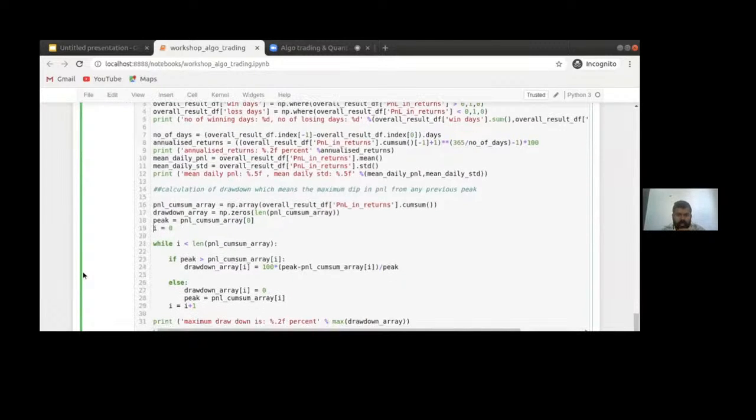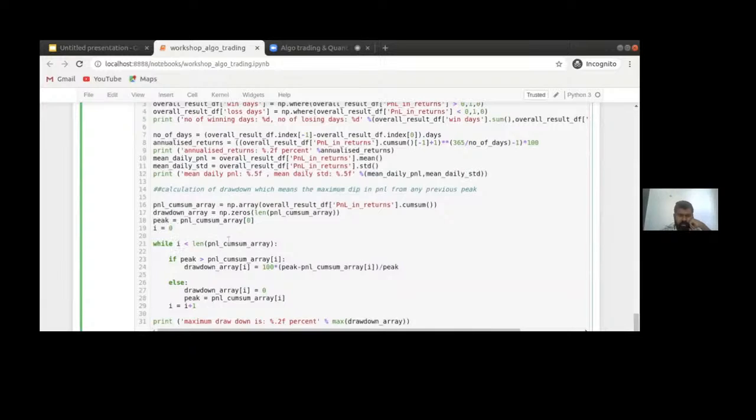So here is the code for that. Basically, I have calculated the sum PNL. I've defined a drawdown array, and then I have a dummy value in peak.